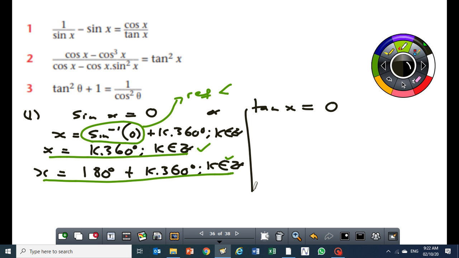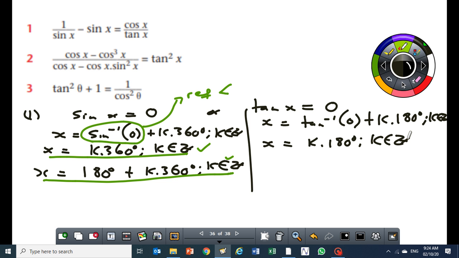Any questions? So this is the general solution for tan, the first one.